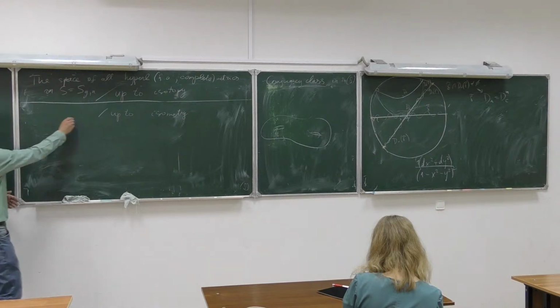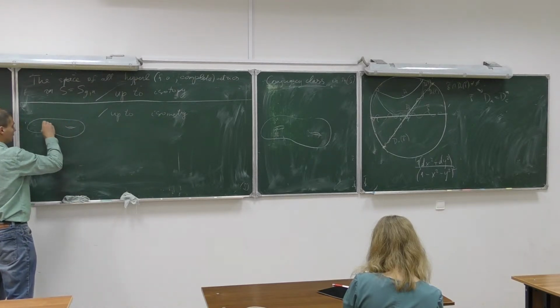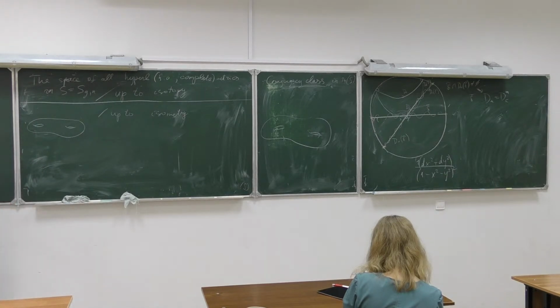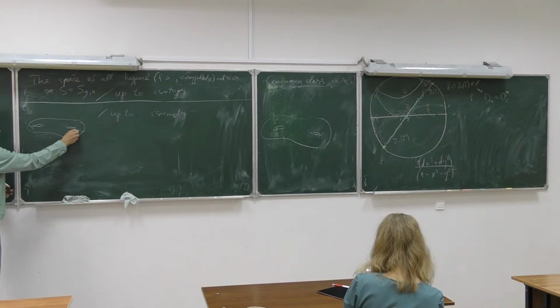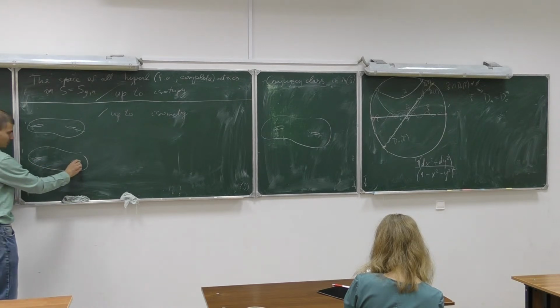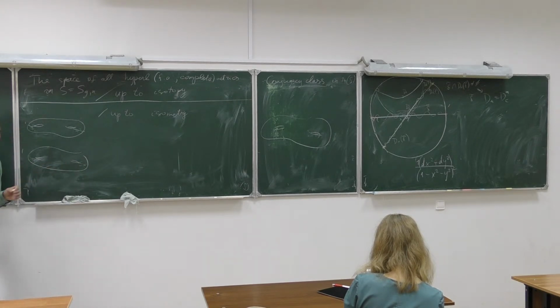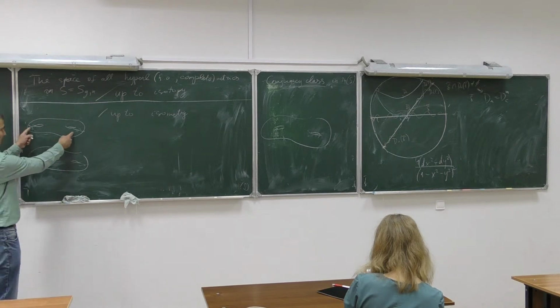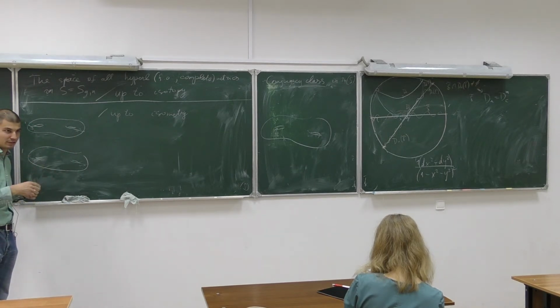We have already discussed this difference. For instance, if we have such a surface, say I write down that this length is 3 and this length is 4. And in another metric, vice versa: this length is 4, and this is 3. I mean the length of a geodesic representative of a curve.